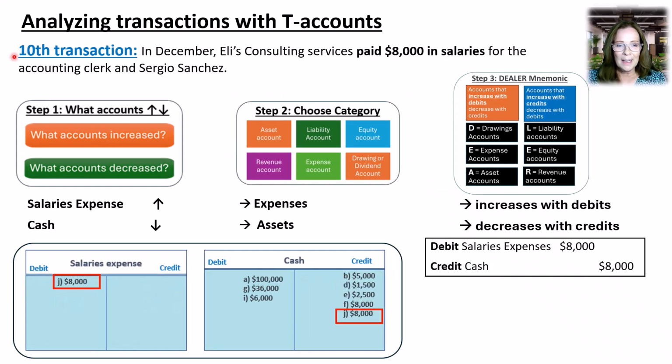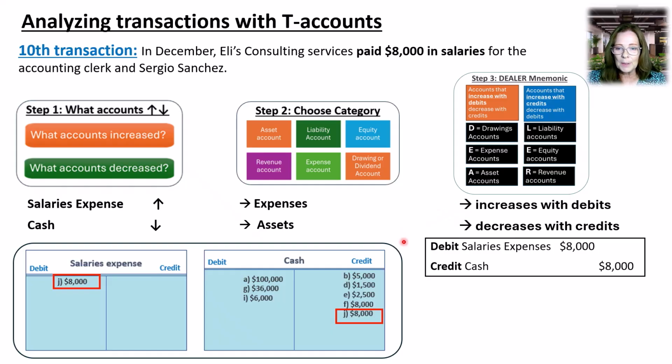All right. In the 10th transaction, Eli's Consulting Services paid $8,000 in salaries for the accounting clerk and Sergio Sanchez. In this transaction, salaries expense increased, and salaries expense is an expense. And the DEALER mnemonic tells us that expenses increase with debits.